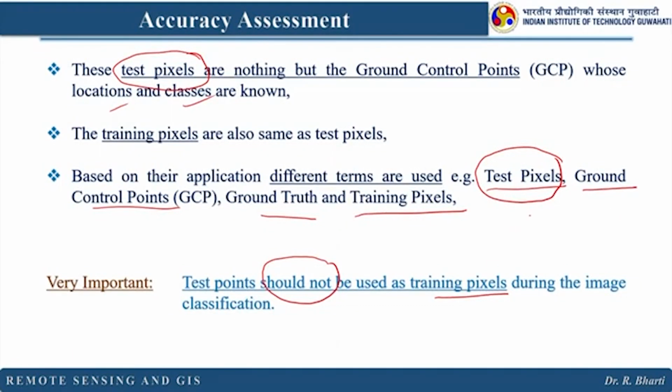So suppose you have visited this particular area and you have collected maybe 1000 or maybe 100 ground control points. Out of 100 you have to use some in your classification and some in your accuracy assessment. That is the strategy you have to formulate beforehand.